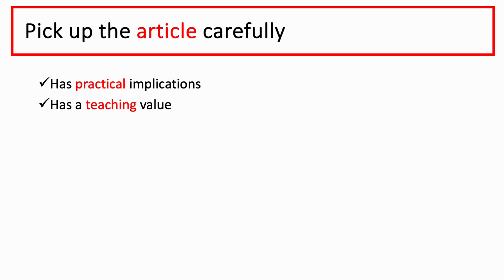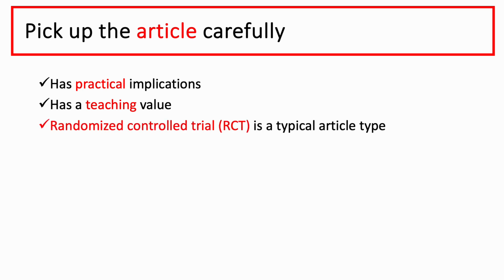Also, if it has teaching value, if there are specific terms used in that article that you want to teach the audience about, that would be nice. Or any important information or terms that are commonly used in research and literature, and you want to make sure that your audience is aware of it. That would be cool too.